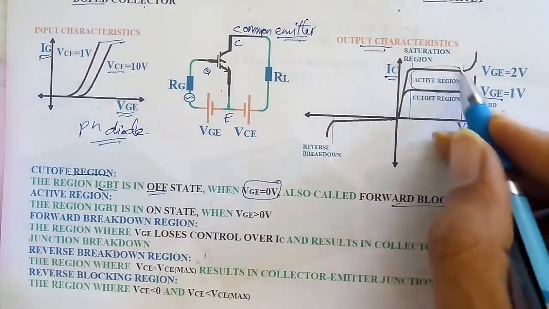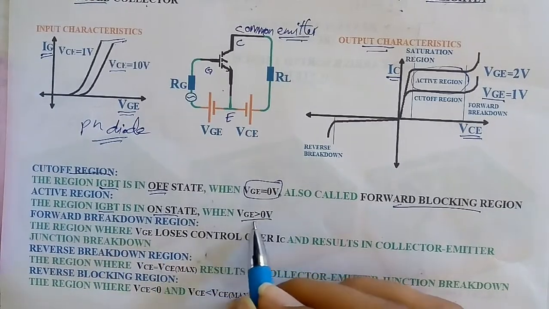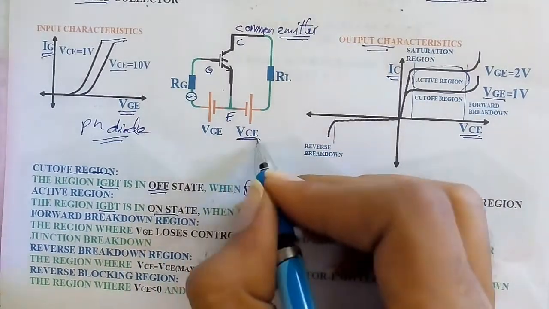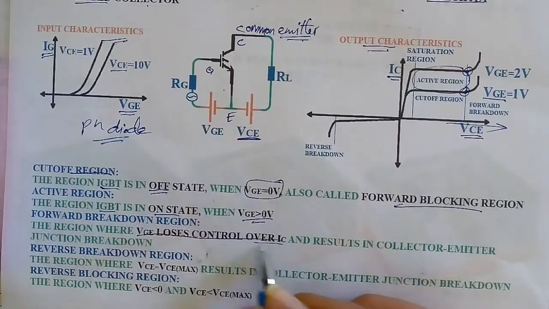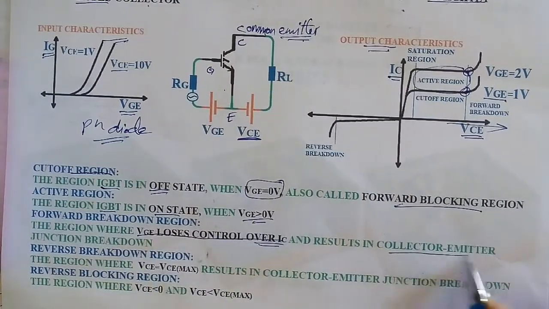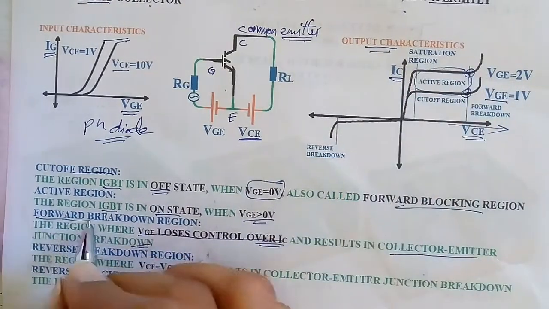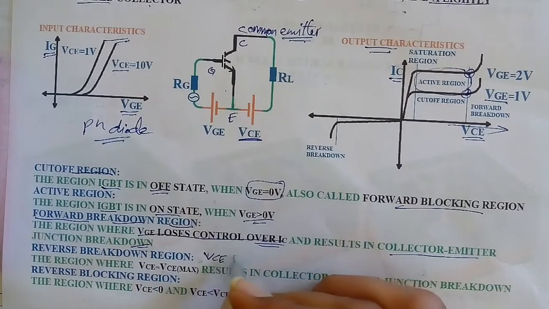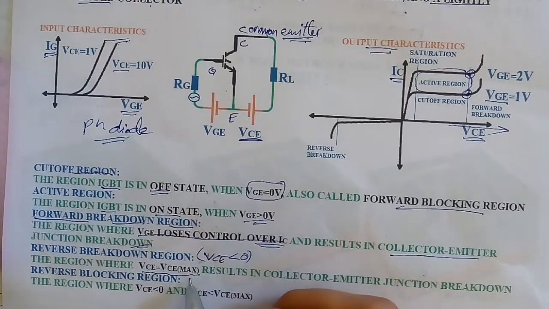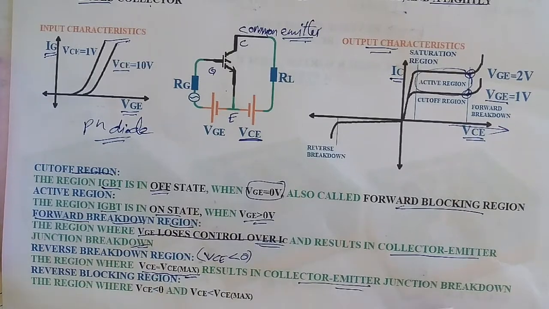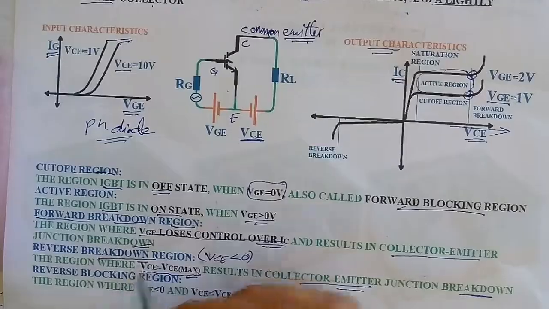Coming to active region, IGBT is in on state as VGE is greater than 0, and as VCE increases further at a certain value, VGE loses control over IC and results in collector emitter junction breakdown, which is termed the forward breakdown region. When VCE is less than 0 and as VCE equals VCE max, the collector emitter junction breakdown occurs, and that region is called the reverse breakdown region.